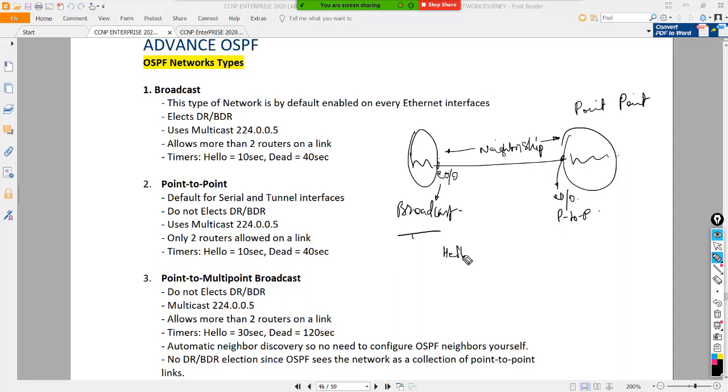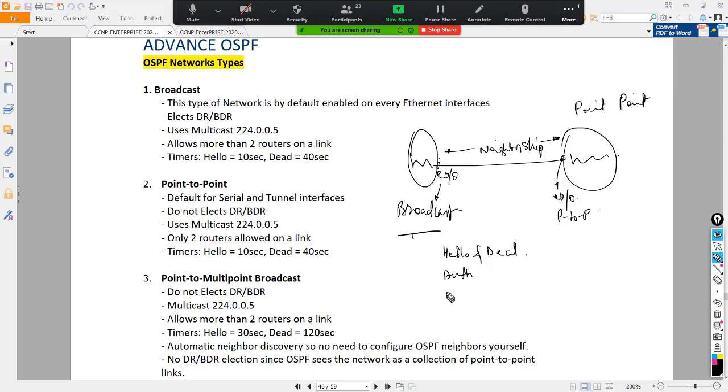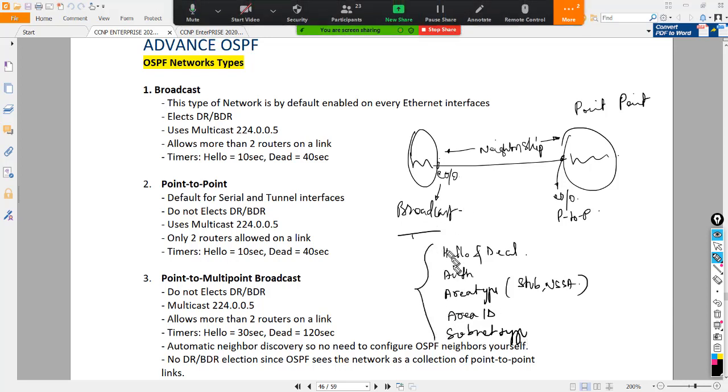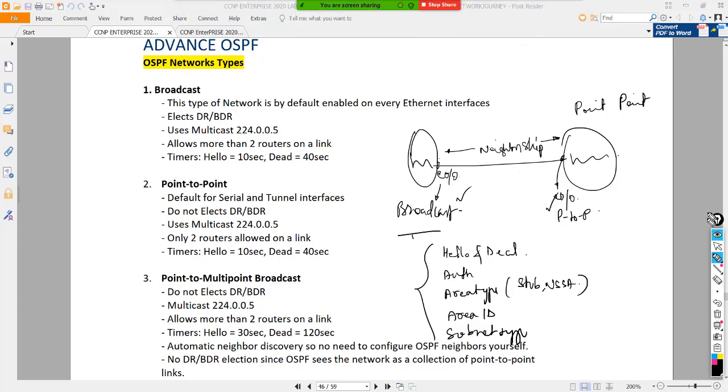It's your hello and dead interval, authentication, area type. Don't confuse area type with media type. Area type is stub, not-so-stubby. You also had area ID and subnet mask. So where do you think there is something carrying the information of broadcast and point to point in the case of two neighbors forming neighborship?